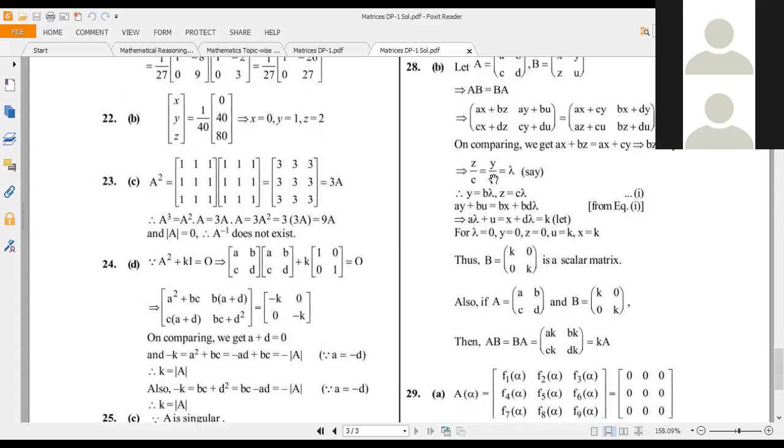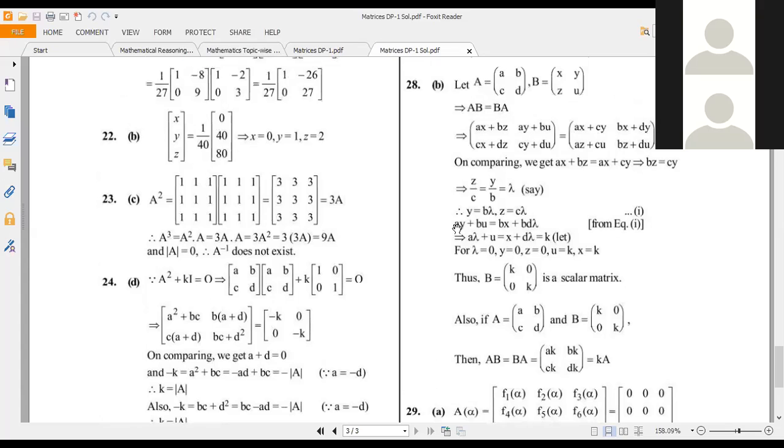Next, he is comparing ay plus b. So he's comparing this one. But y is b lambda, b dy.